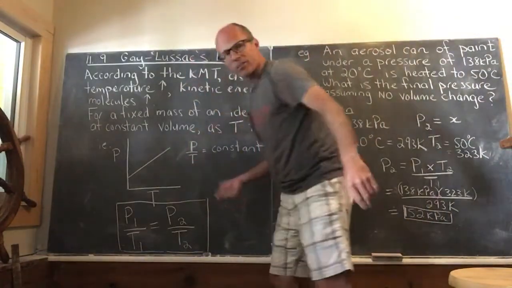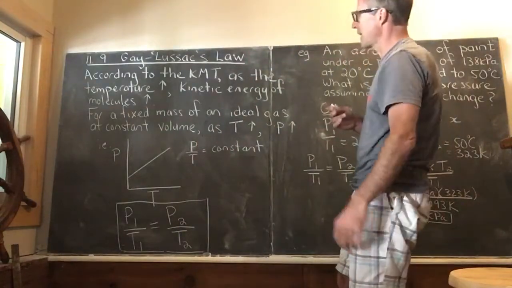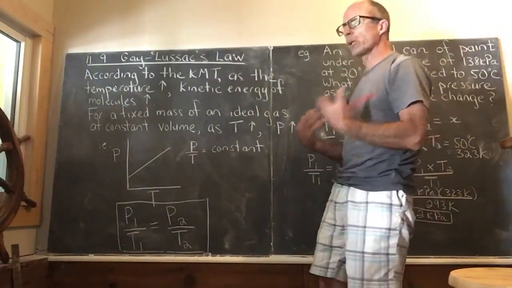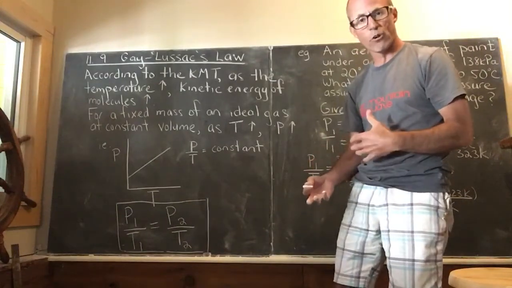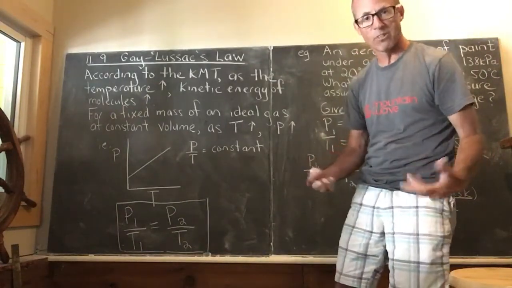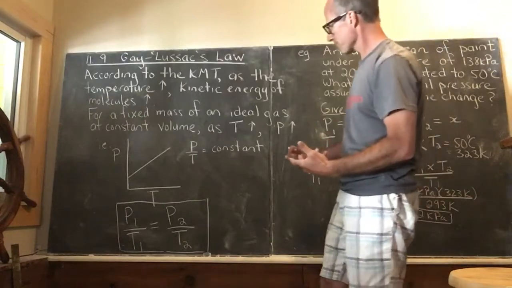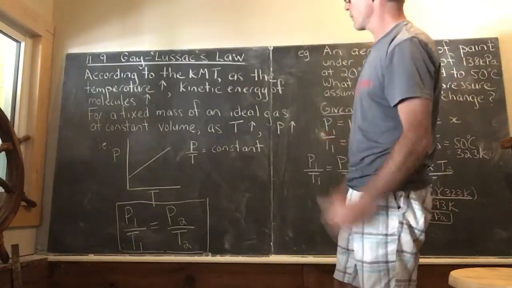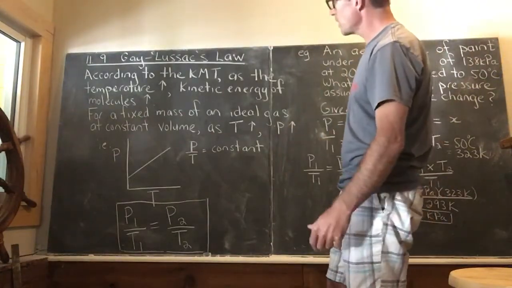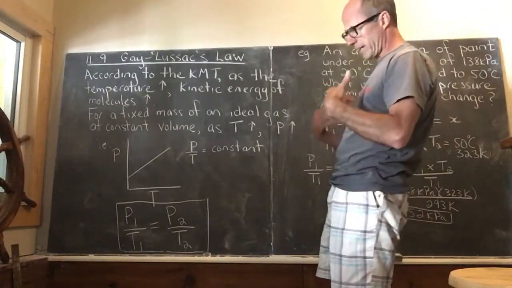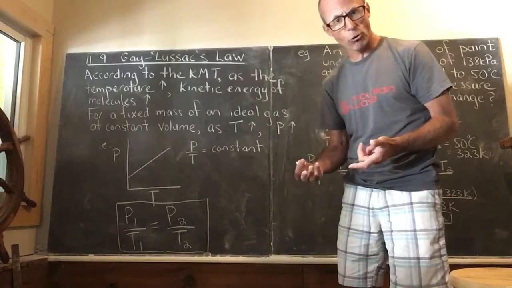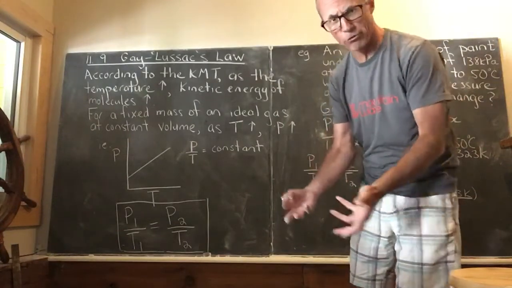Well, we go back to the kinetic molecular theory and remember that molecules are always in motion unless we get them down to absolute zero, which we've never really achieved in the real world. So, as we heat up a gas, the kinetic molecular theory shows the molecules gain kinetic energy.